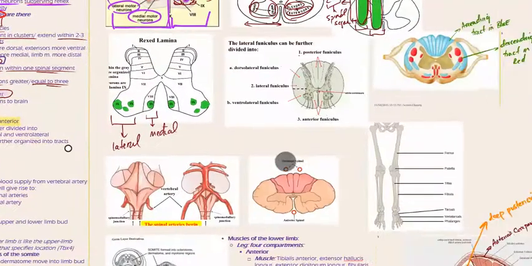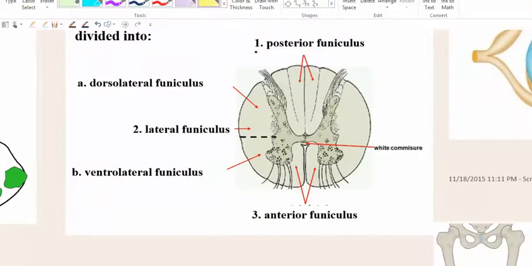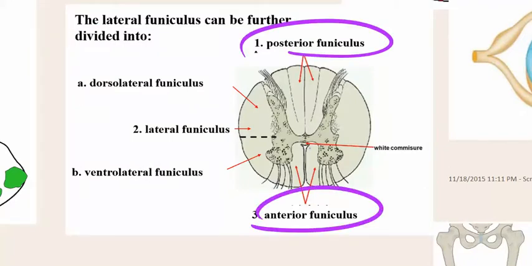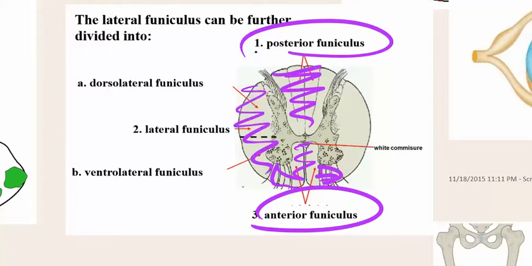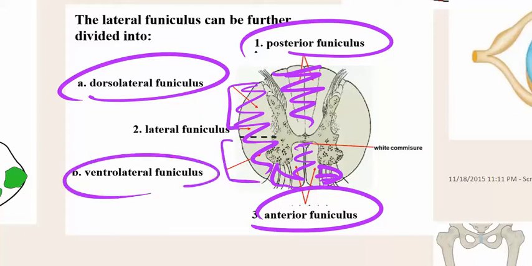Let's look at it here. This is the posterior funiculus, this is the anterior funiculus, and then we have the lateral funiculus. The lateral funiculus is further divided into your dorsolateral, which is just here, and your ventrolateral, which is just here. See that?